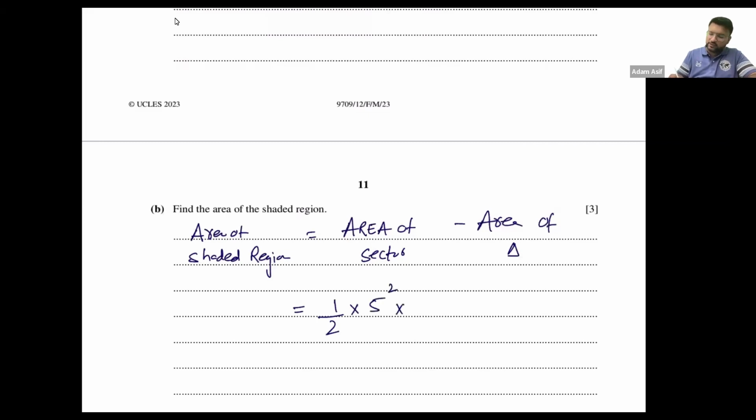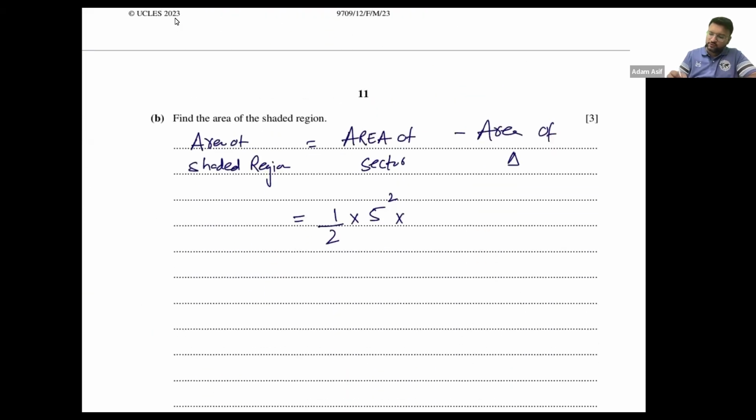Theta की वैल्यू क्या थी? 2.214, minus the area of the triangle, that is half times AB sine theta. So 5 into 5 times sine of 2.214.